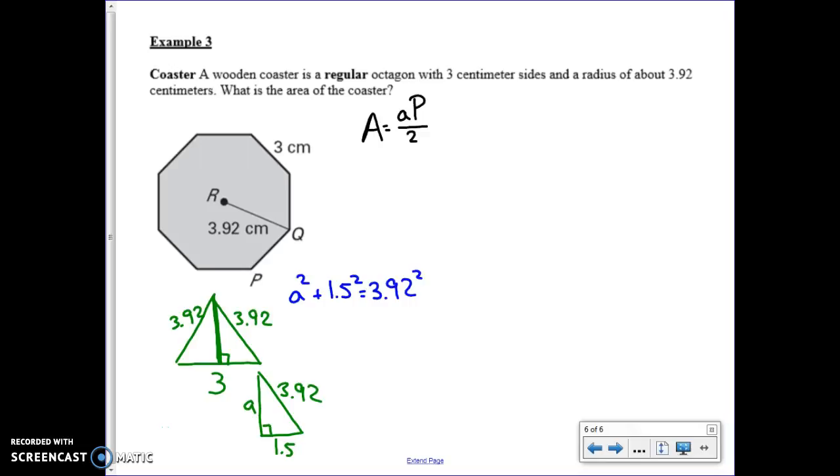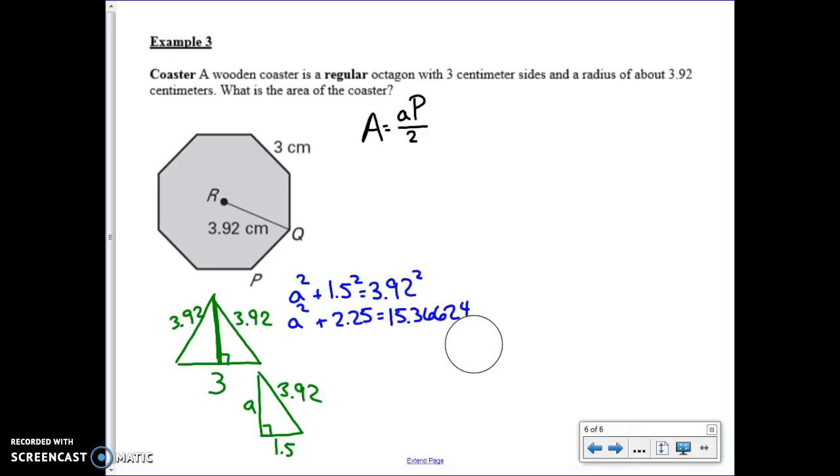So a squared plus 2.25 is equal to 3.92 squared, which is 15.3664.